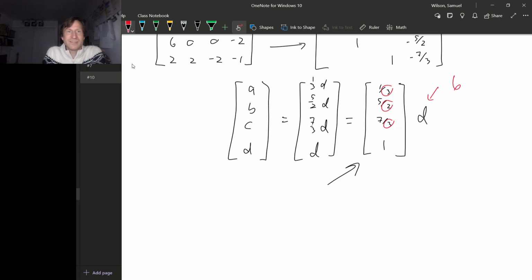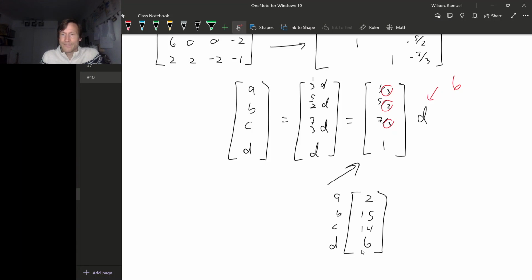So we plug in 6 for D. And when we do that, 1/3 times 6 is 2, 5 halves times 6 is 15, 7 thirds times 6 is 14, and 1 times 6 is 6. So this is A, B, C, and D, and that tells us the coefficients for the molecules in our chemical reaction.